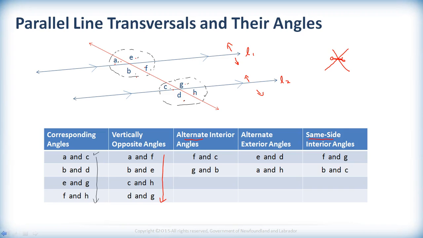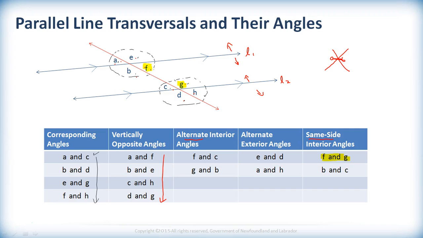I'm going to use the highlighter here because it's an important one, and I want to make sure that I don't clutter it up too much on you. So angle F is an interior angle. Angle G is also an interior angle, and they are on the same side of the transversal. So if I clump F and G together, they would be what we call same side interior angles.